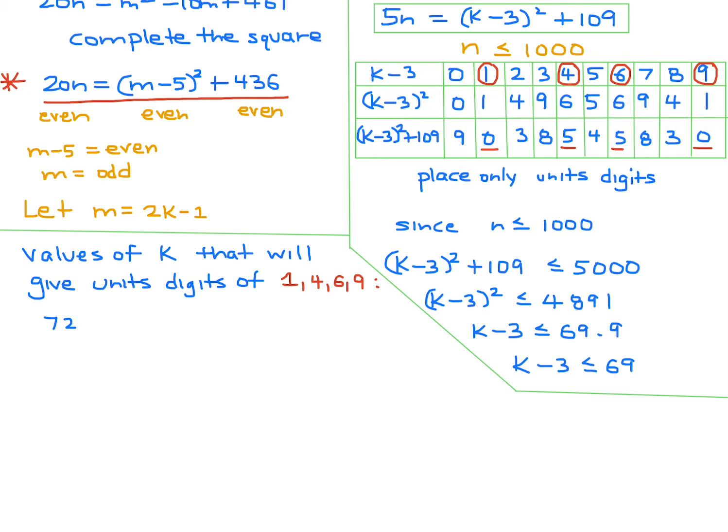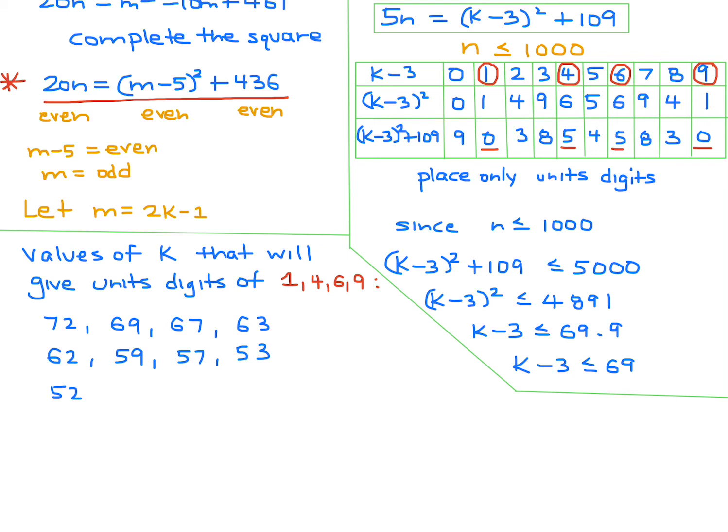So I got 72, 69, 67, 63. If you notice, if these are k's, k minus 3 will equal numbers that give these as the units digit. Okay, that's what I'm doing. So continuing, I get 62, 59, 57, 53.